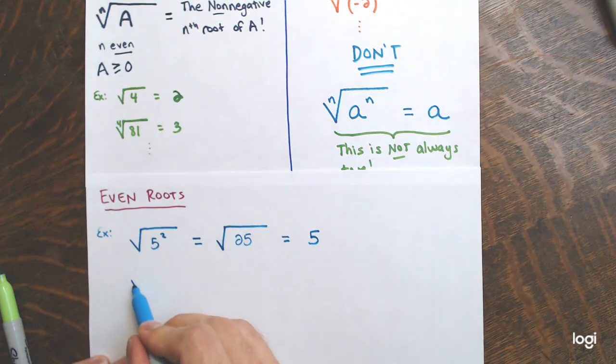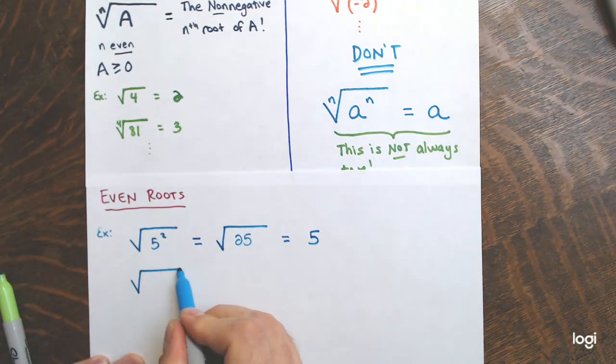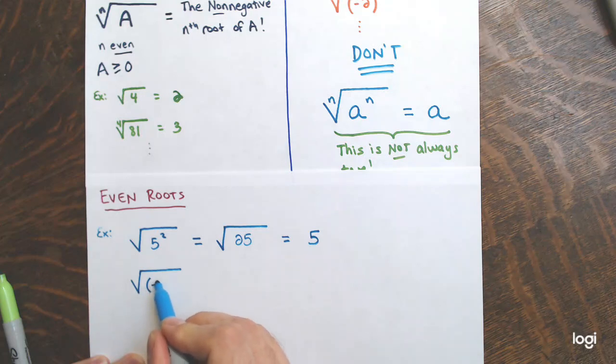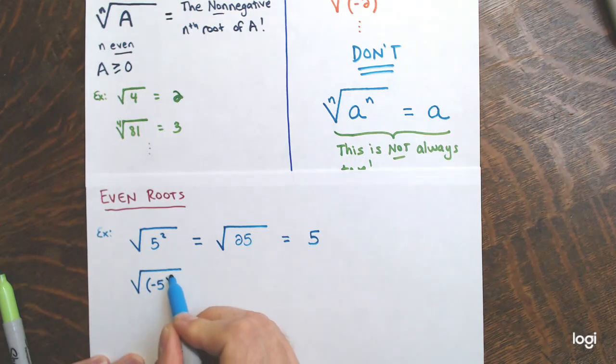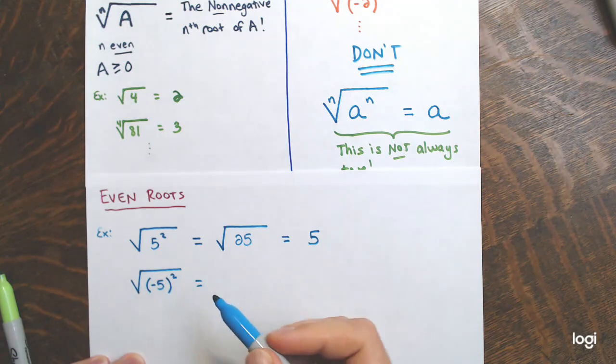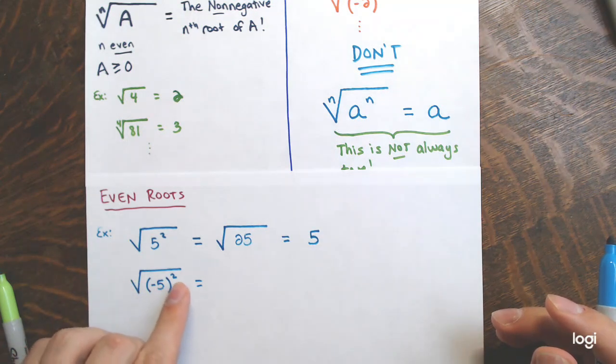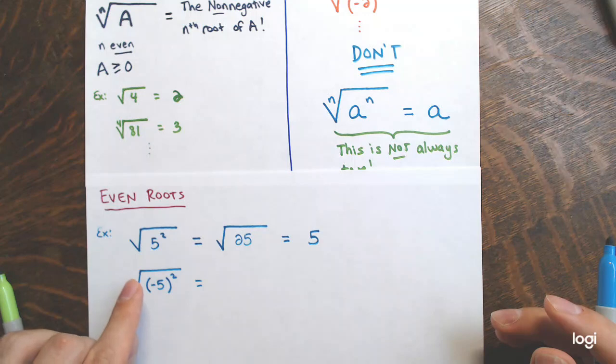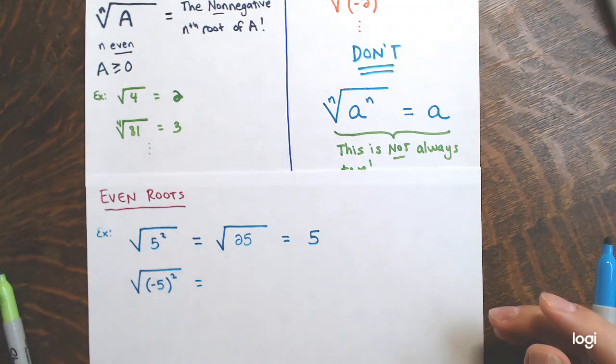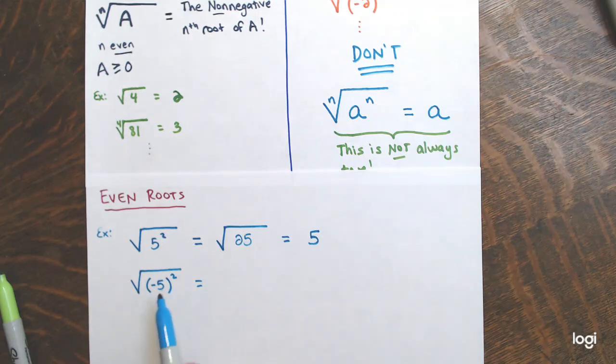All right, well, look at this. What about the square root of negative 5 squared? Again, people tend to make a mistake when there's an even index, an even power in here. This is technically an index of 2 and a power of 2. Very often people will just say, oh, these undo each other, and I'm left with negative 5.